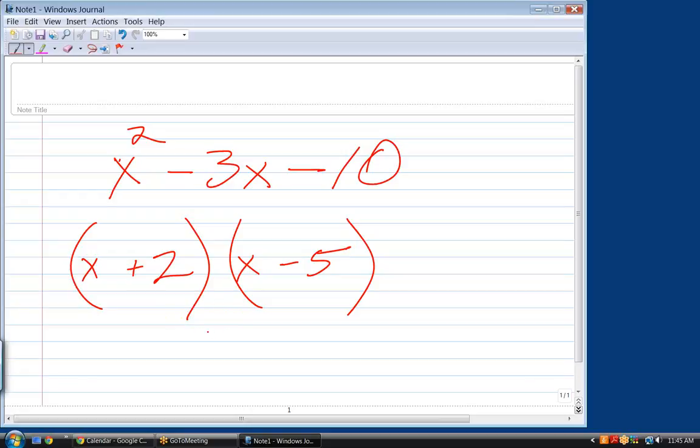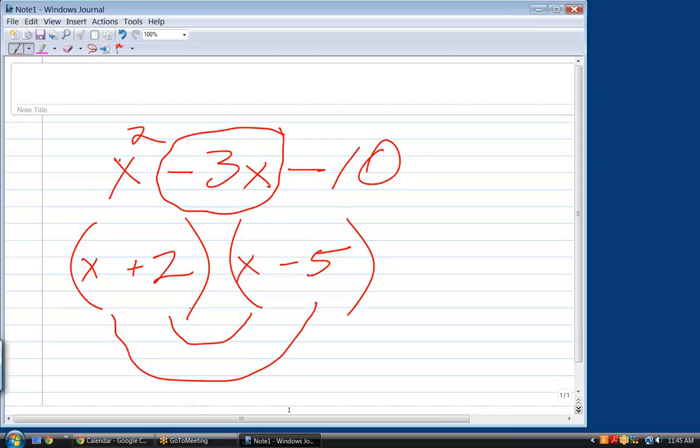Because you quickly realize that you get this term by multiplying the insides and the outsides, and then adding those two numbers. Well, when I multiply the insides, I get a 2x. When I multiply the outsides, I get a minus 5x. When I add those two together, I get minus 3x. That is my middle term. I did it correctly.